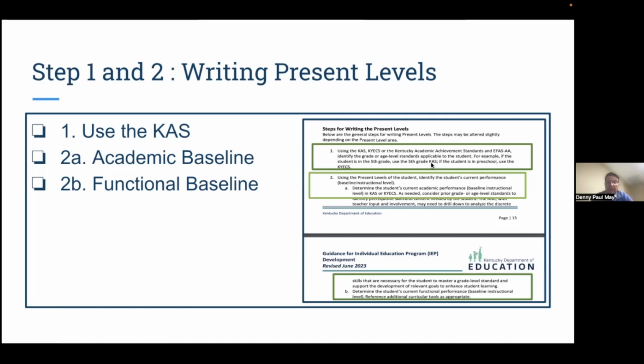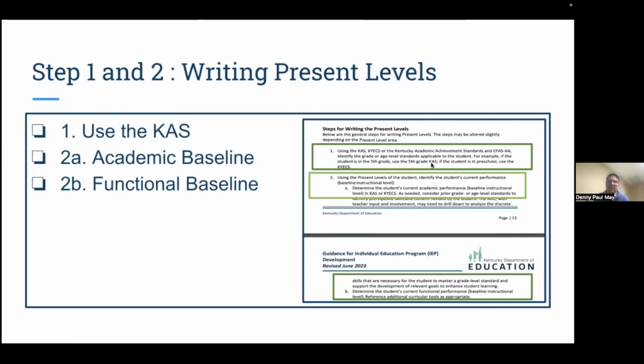Now, if the kid's in the 5th grade and they have an IEP there, he wouldn't need an IEP goal if he could meet those goals, right? He's going to be functioning somewhere less than that. But you look at the types of information that they need to strive for, and you look at the prerequisite skills, and you find out what's making that problem for that kid and why they can't achieve and meet the goals in those standards.